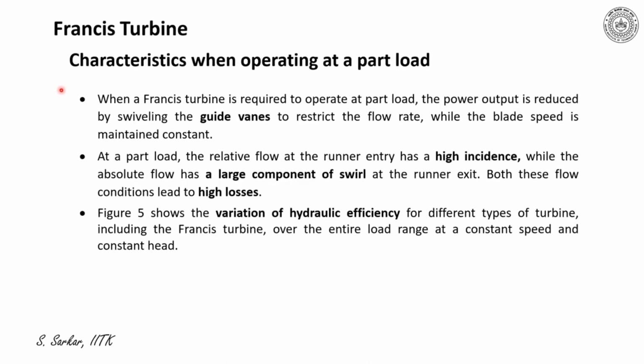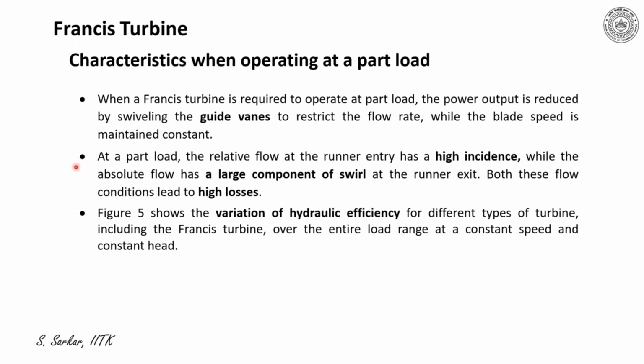Characteristics of turbine operating at a part load. When a Francis turbine is required to operate at part load, the power output is reduced by tilting the guide vane to restrict the flow rate, while the blade speed is maintained constant.